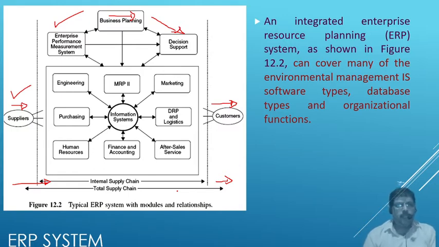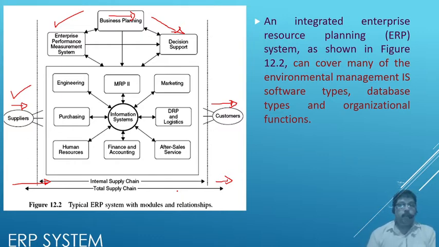Now we have to understand exactly what the ERP system is. ERP system is software. There is a concept called SAP, System Administration Program, which is becoming very popular nowadays, and it includes the ERP system. In the diagram you can see the different modules.